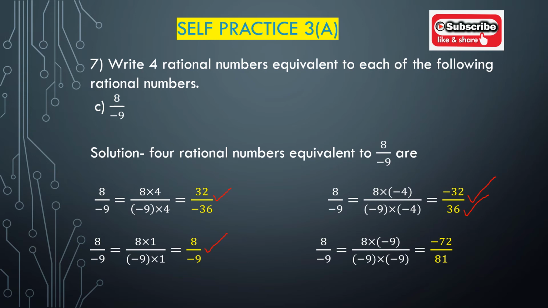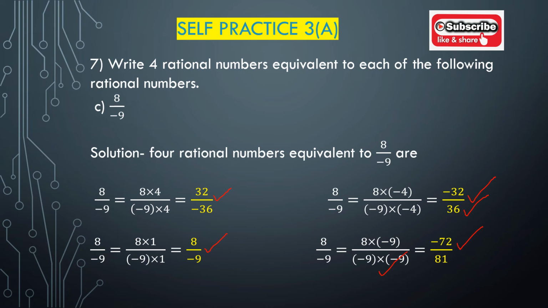If we multiply the number minus 9 with both numerator and denominator of 8 divided by minus 9, we get 8 multiplied with minus 9 is minus 72, and minus 9 multiplied with minus 9 is 81. So we get minus 72 divided by 81, which is equivalent to the rational number 8 divided by minus 9.